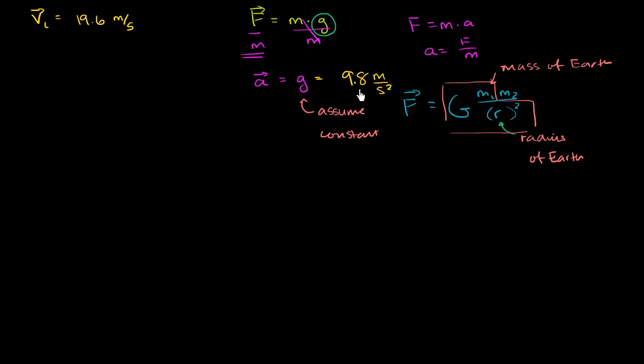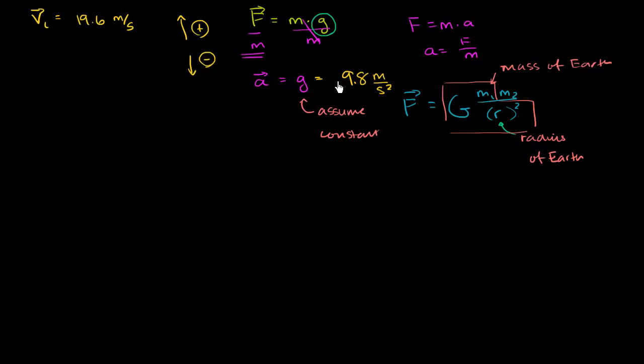I've rounded here to the nearest tenth. And I want to be clear, these are vector quantities. When we start throwing stuff up in the air, the convention is that if something is moving up, we give it a positive value, and if something is moving down, we give it a negative value. Gravity, for an object in free fall, is accelerating it downwards, or the force of gravity is downwards.